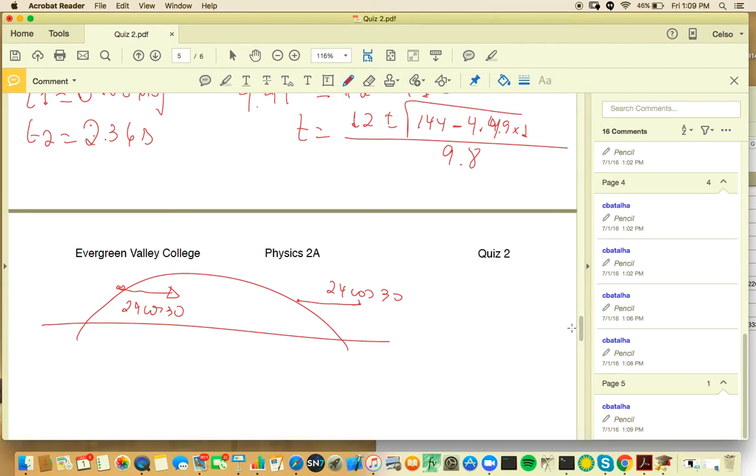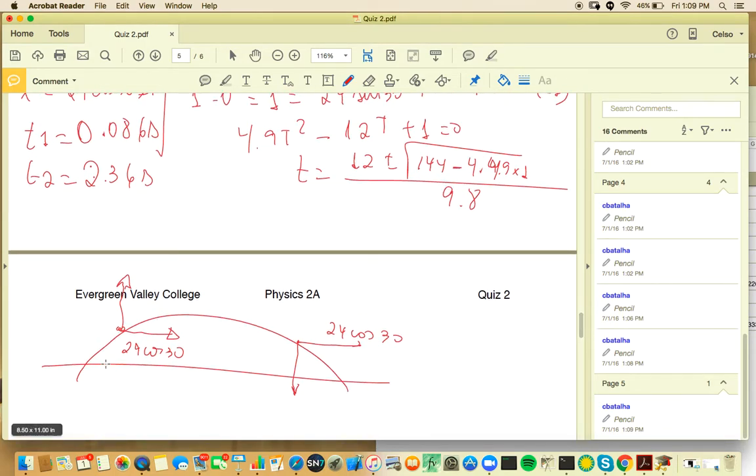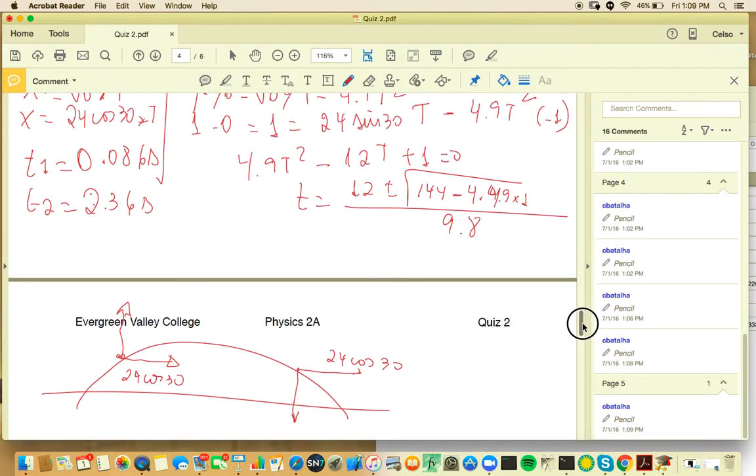And we want to find the velocity. But the velocity here has to be a negative one, right? It's going down. Remember that? Like in the projectile, when it goes up, the velocity has a vector that points upward, and when it comes down, it gets a negative sign.